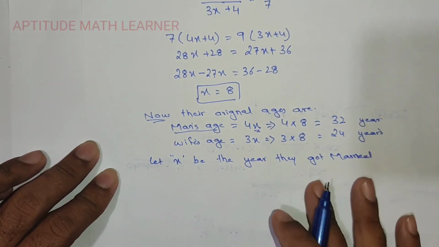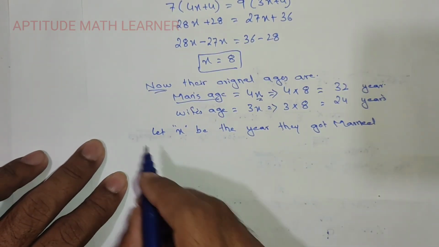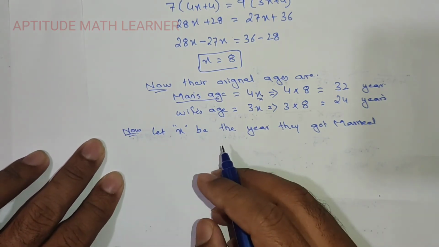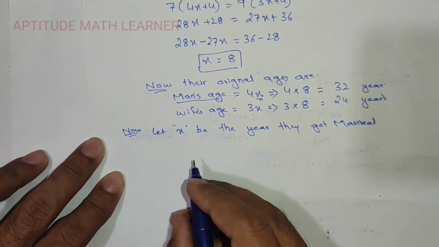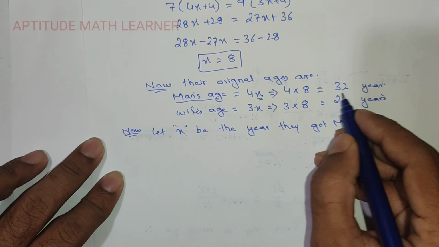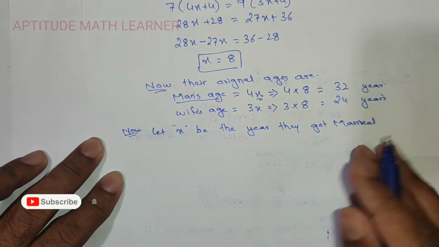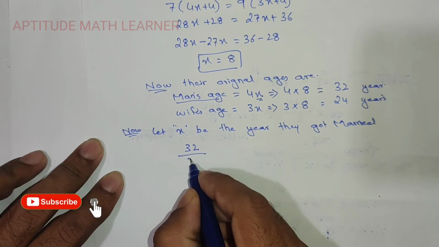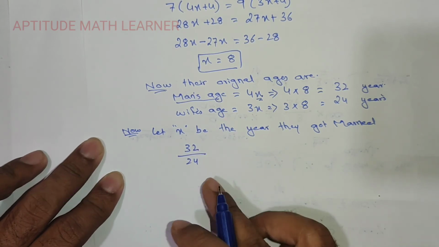We have the present ages, 32 for the man and 24 for the woman.